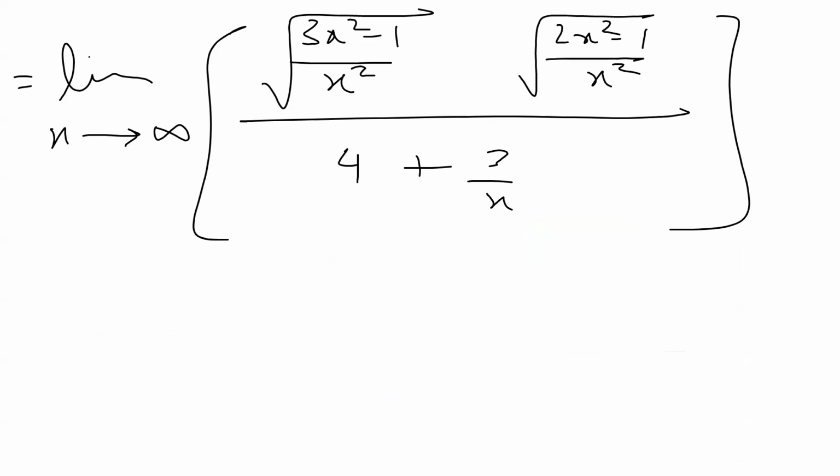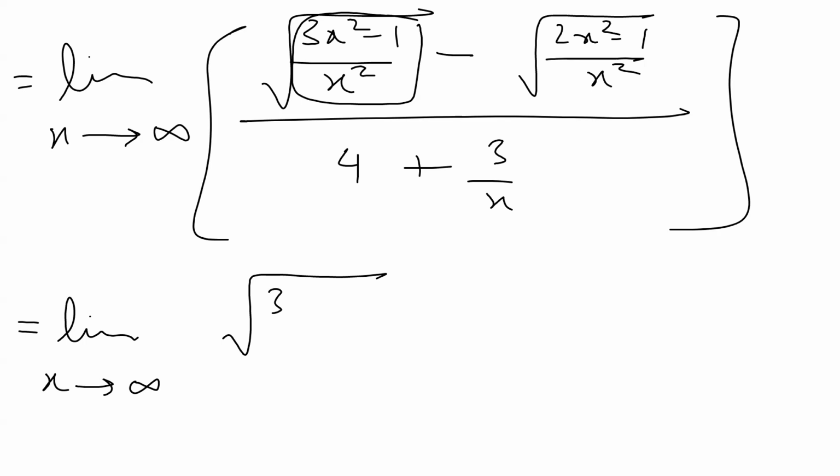There is a minus sign over here, sorry. Now, if you remember the previous problem, this should not be a task for you. Now, within the root, what should I do? Separate the terms and you cancel and you get 0. 3 minus 0 will get. Good, very good. I got the answer as root 3 plus root 2 upon 4.